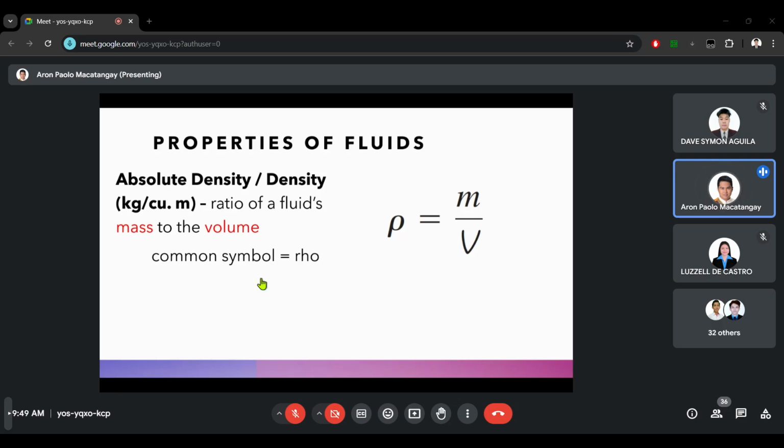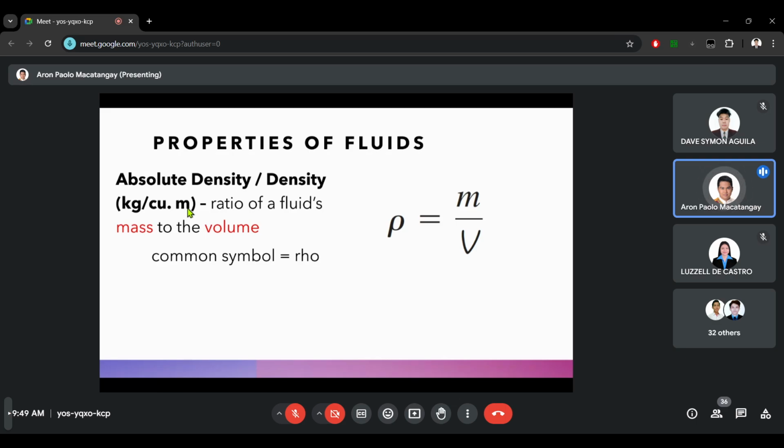Okay. The first property of fluid I want you to understand, to know by heart, is the absolute density, or simply density, which is the ratio of a fluid's mass to its volume. Okay? Ratio of a fluid's mass to the volume, that is equivalent to m, mass, divided by capital V, which is volume. The units for this will of course be mass over volume, kilogram over cubic meter, or the equivalent in the English units.